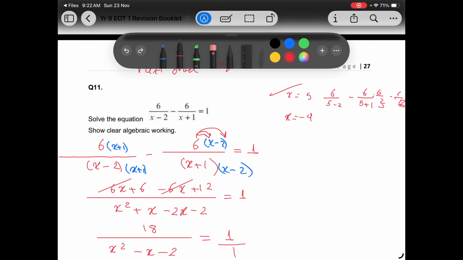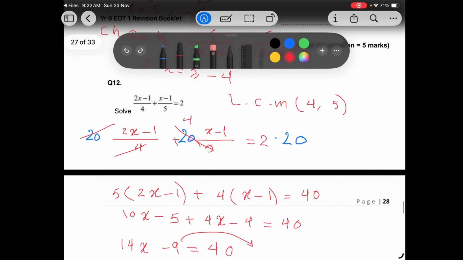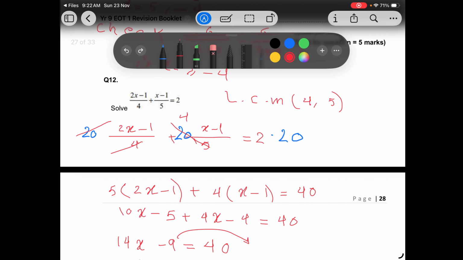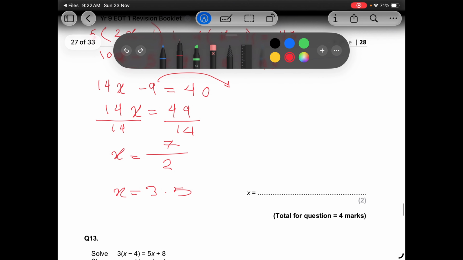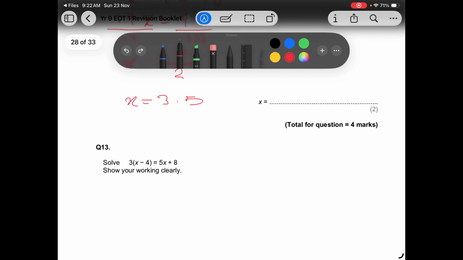So in this case we have to check, but as long as the denominators are numbers like 4 and 5, then you don't have to check for the correctness of this answer. If you do check, it's fine. If you don't, it's fine. As long as we don't have x in the denominator or radicals, or you will encounter all these sorts of equations in the future, inshallah.